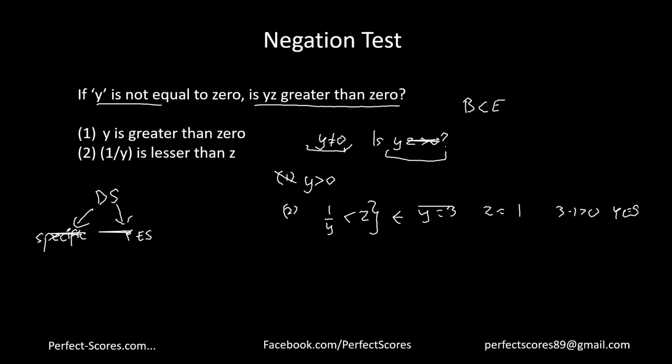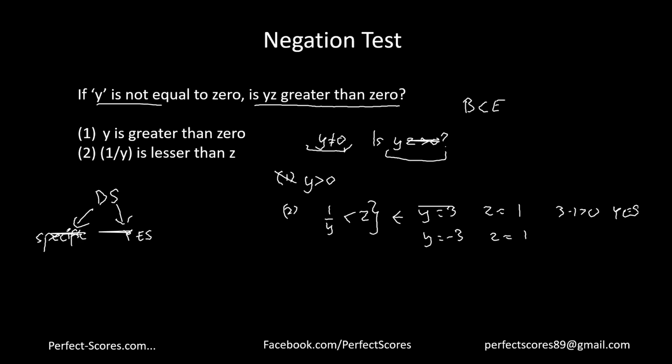So to disprove here, once you get a yes, you should look for a no. For me to look for a no, I need to make y into z less than 0. So I can make y as -3 and z as 1.